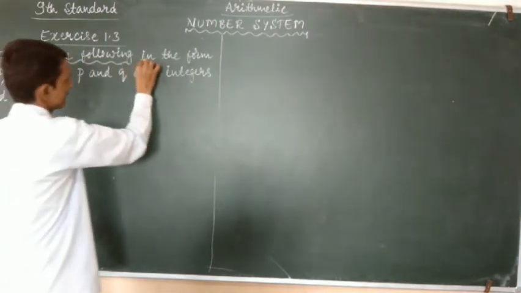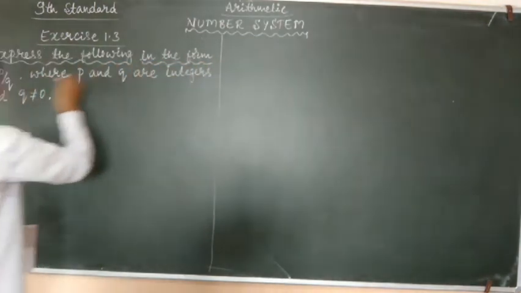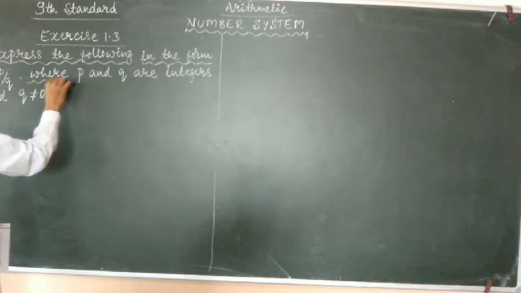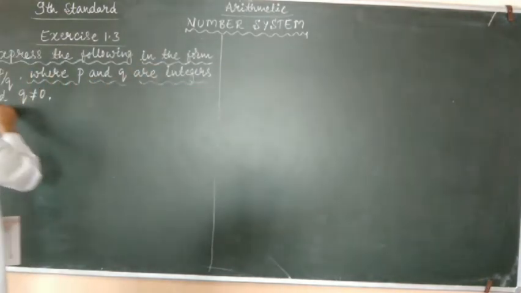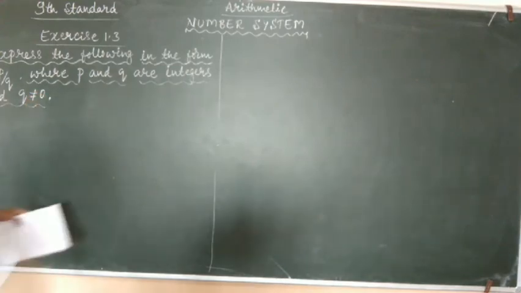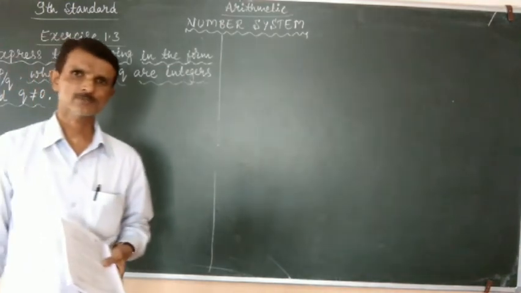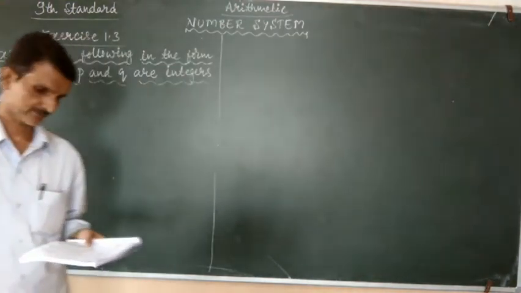So in this we have to express the given decimal numbers into p by q form.